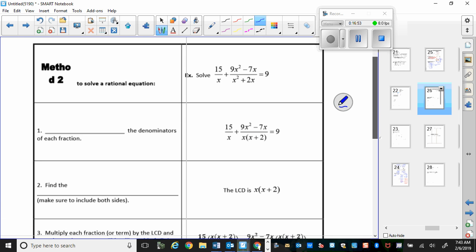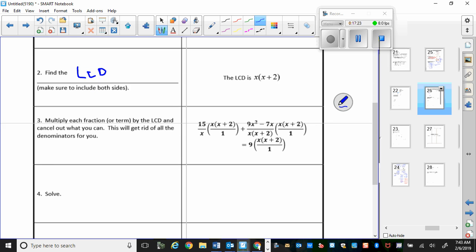Moving on, method 2 simply involves a little bit more tedious steps. We're not going to solve the problem this way, but what you're going to do is factor the denominators in each fraction, find the lowest common denominator, and then multiply each fraction by the lowest common denominator and cancel out what you can.